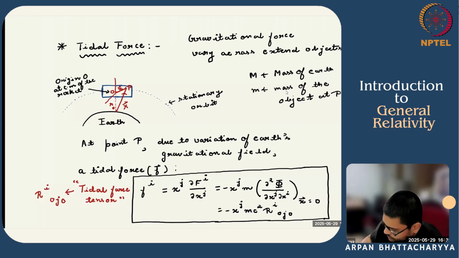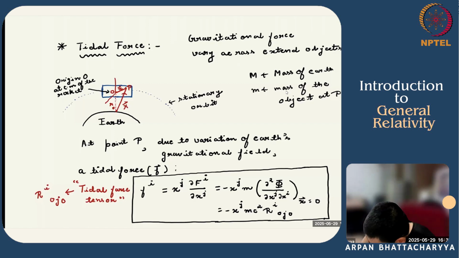So see, there is a second derivative of this gravitational potential evaluated at x. You should try to derive this expression. We leave this as a homework problem for you.